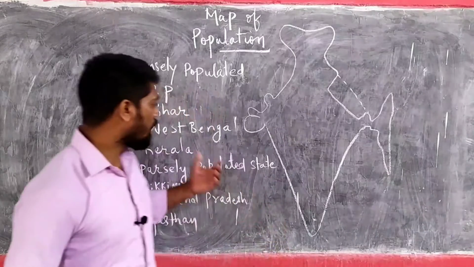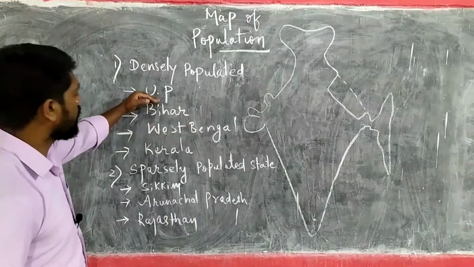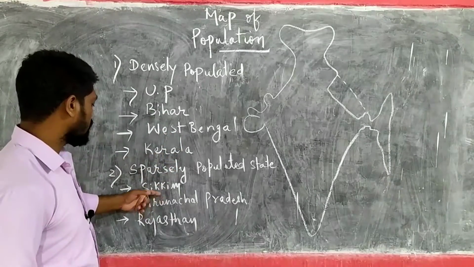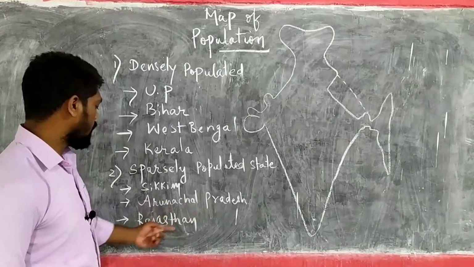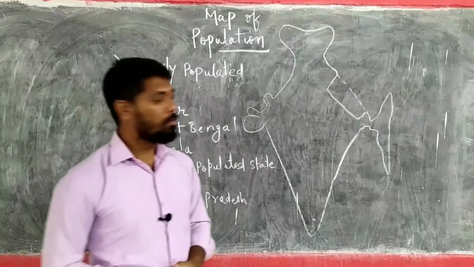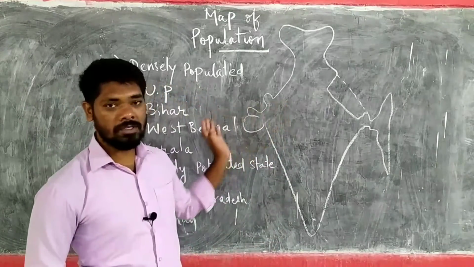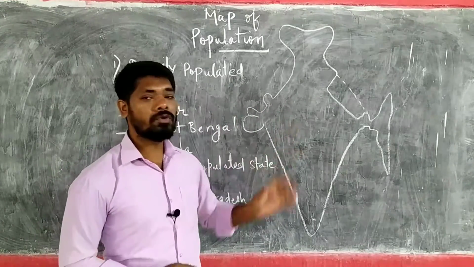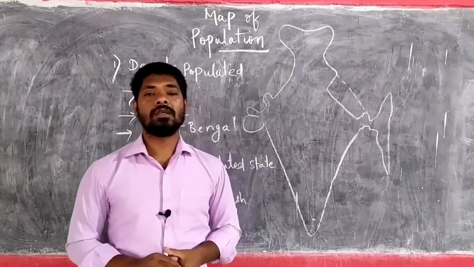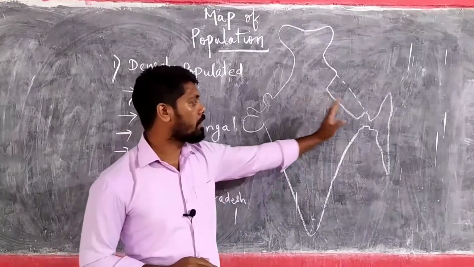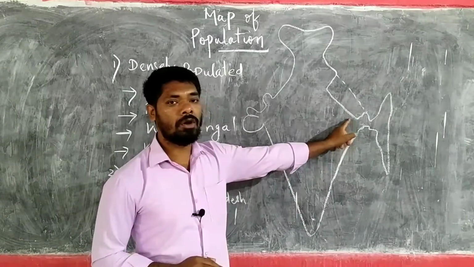So these are the states you need to learn: Uttar Pradesh, Bihar, West Bengal, Kerala, Sikkim, Arunachal Pradesh and Rajasthan. Keeping these states in mind, you must know the location of these states, which direction they are located, right? Suppose it is asked for the eastern side, the densely populated area, then you need to mark West Bengal or Bihar.